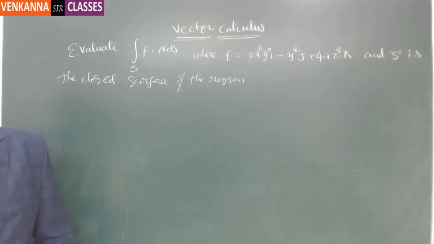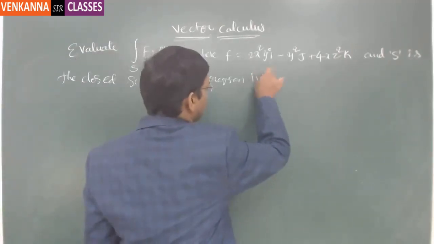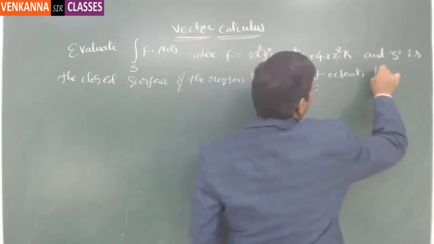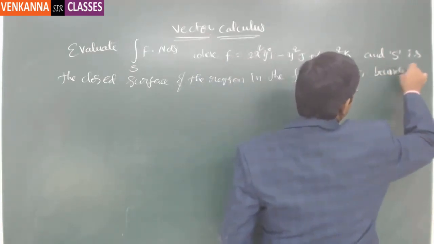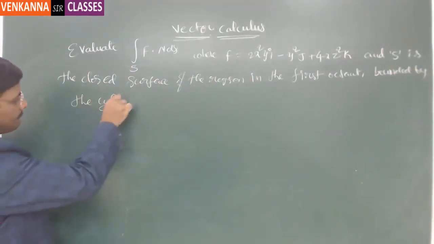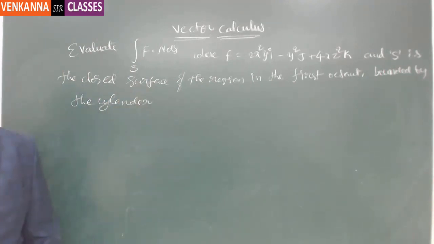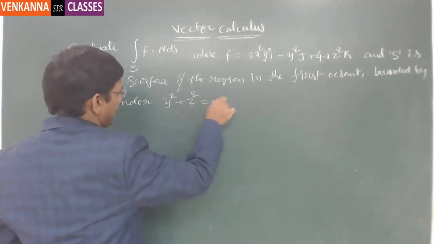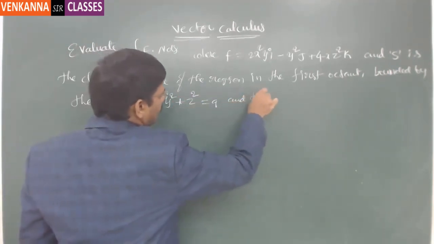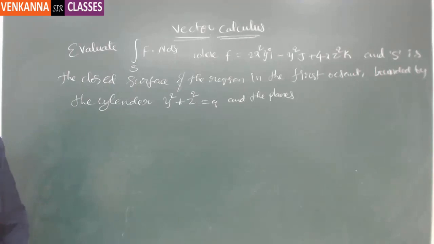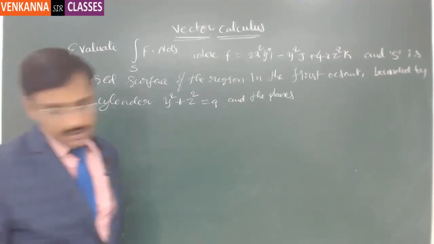in the first octant bounded by the cylinder y square plus z square is equal to 9, and the planes x is equal to 0, x equal to 2, y is equal to 0 and z is equal to 0.